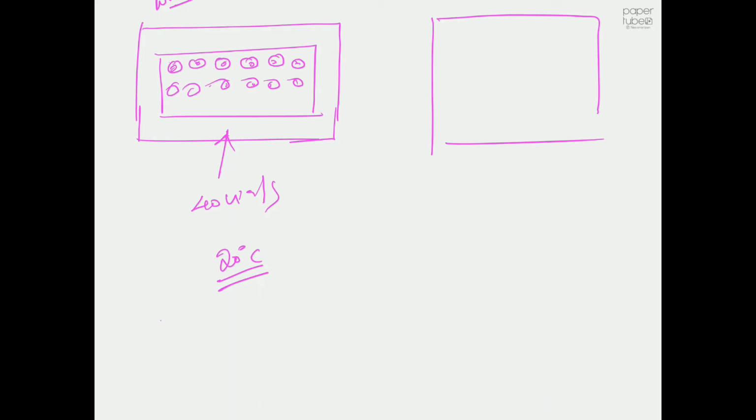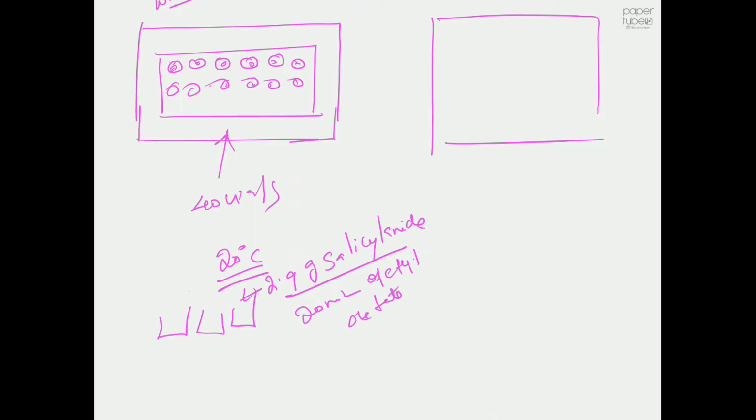So what we do is we take 40 vials. In each vial we add exactly 2.9 grams of salicylamide, and then 20 ml of ethyl acetate.